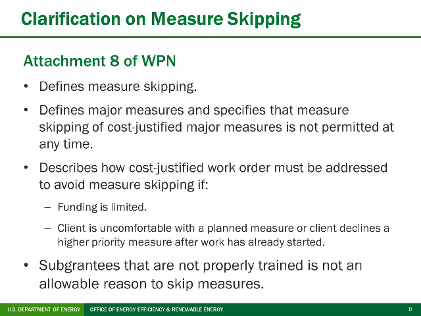Another circumstance that arises occasionally is that the client is uncomfortable with a planned measure. So prior to beginning work, the client declines a measure. Every effort should be made to educate the client, to find an alternative material perhaps that will allow the measure to still be installed.